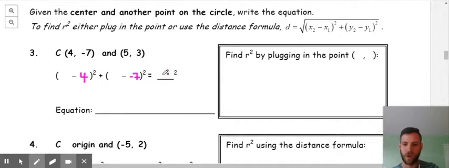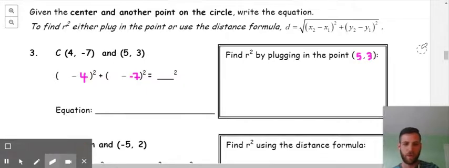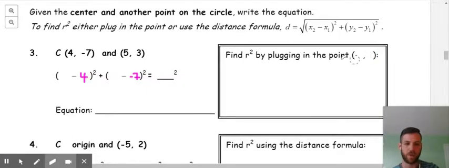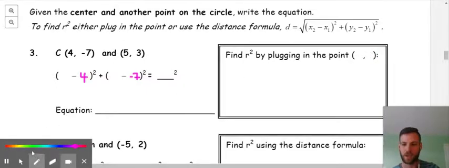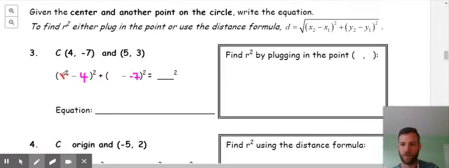We don't know what the r value is, and so we're going to need to plug in the 5 and the 3 into our equation where the x and the y usually go. So if we would have an x and a y, we would have x and then y right there. And we're going to have the 5 and the 3 go into those x's and y's.